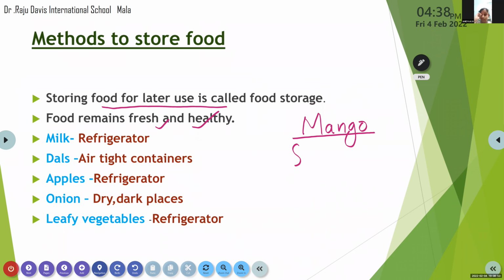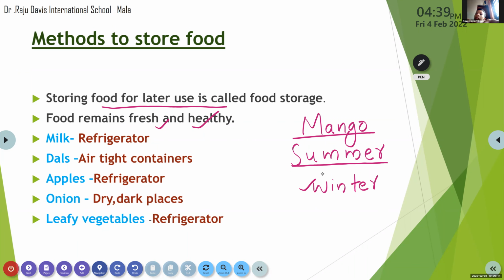Very good. This mango is a summer fruit. If we wish to eat it in the winter season, is it there? No. Some mangoes are there, but in the summer season we get lots of mangoes. And sometimes in the winter season, the mangoes wouldn't be fresh.